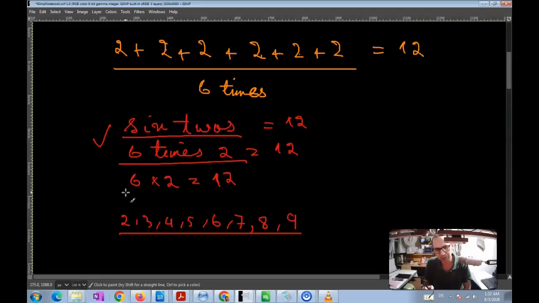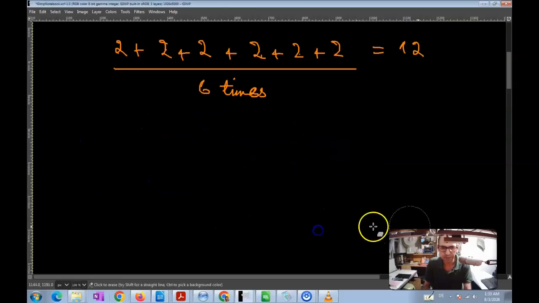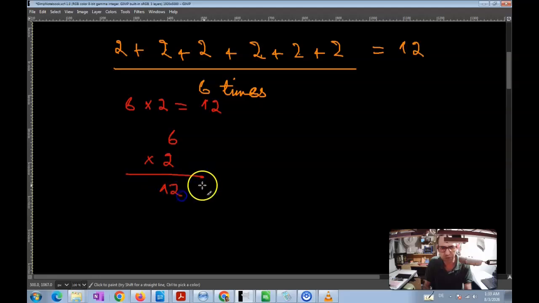Okay? So now, in the exact same way, 6 times 2, I can write it this way as 12, or I can write 6 times 2 is equal to 12. I can write it this way as well.